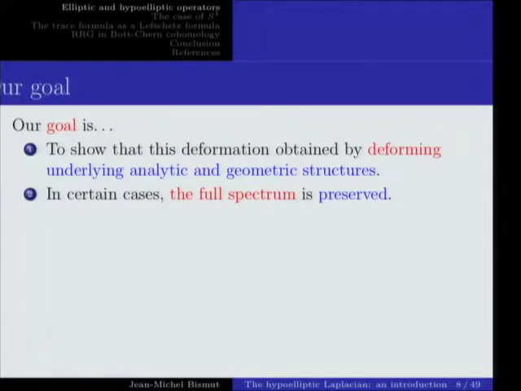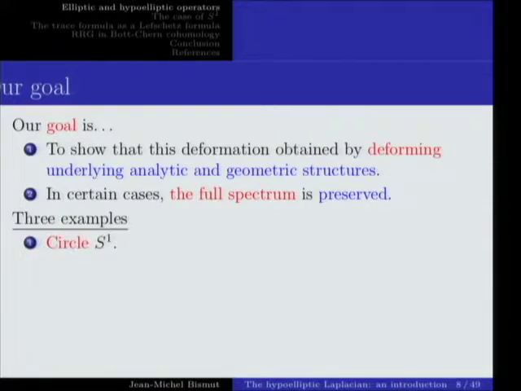In certain cases, we will see that the full spectrum of the original self-adjoint elliptic Laplacian is preserved by the deformation. This is completely counterintuitive: in this deformation, part of the spectrum can be preserved in certain situations.